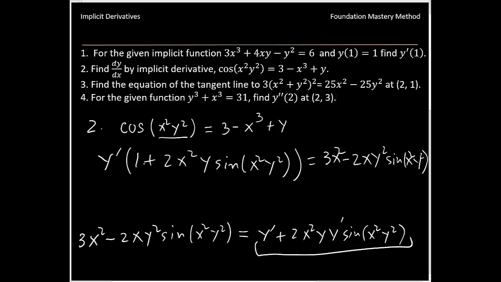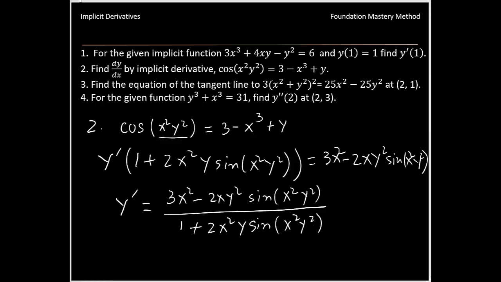Now we need to divide by this factor on both sides, and we get our result. So finally we get y prime is 3x squared minus 2xy squared sine x squared y squared divided by 1 plus 2x squared y sine x squared y squared, which is actually dy/dx.